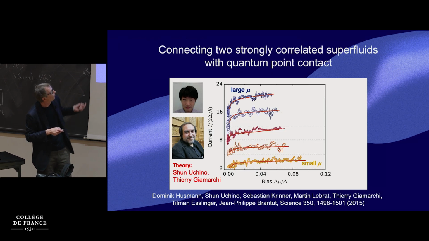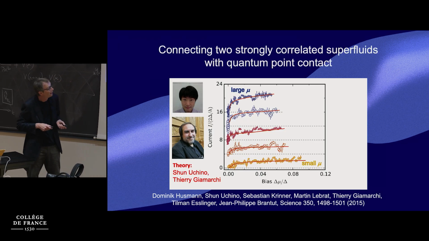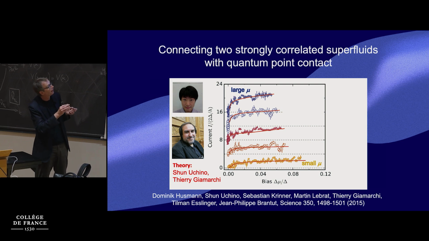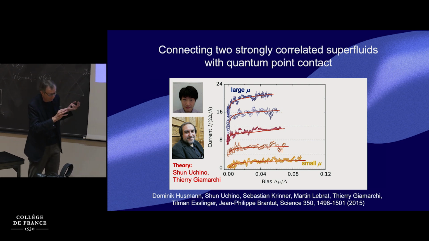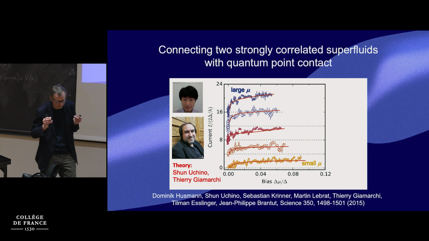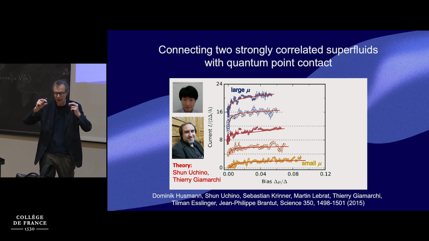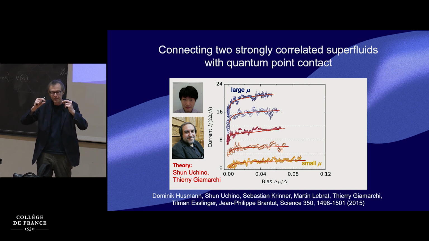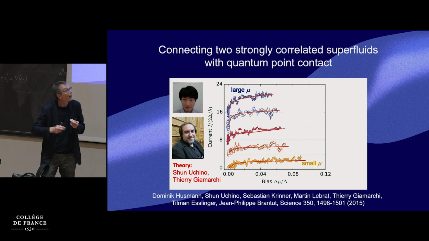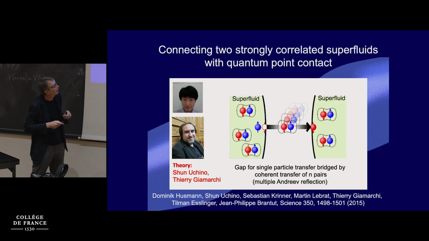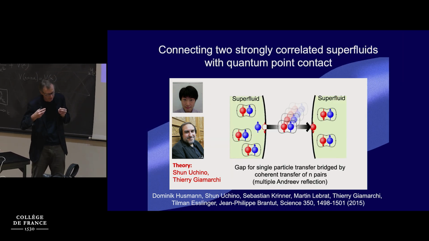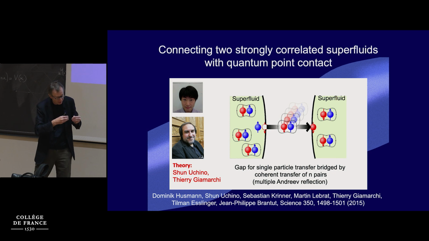And we got together with Thierry, and they came up with a theory. From the energy scales, the difference in chemical potential is small compared to the gap, to the breaking energy for the pairs. And the basic idea of their theory is that you transport several pairs and you break one of the pairs.